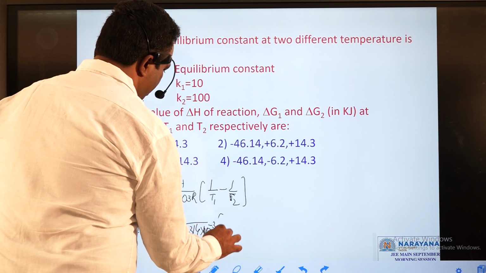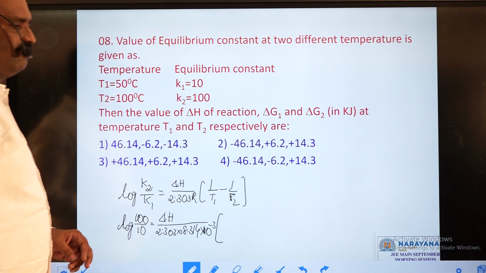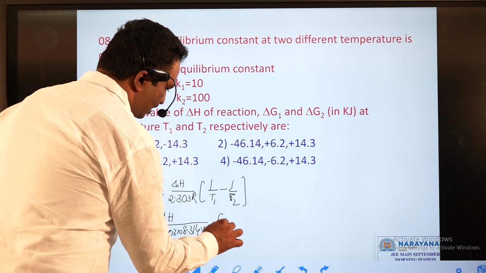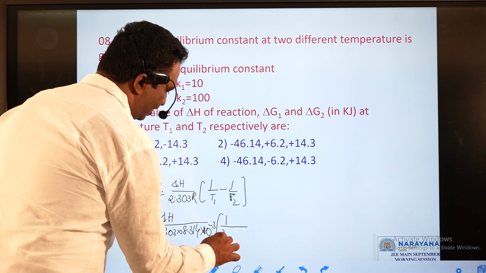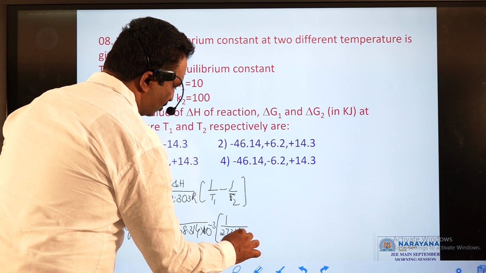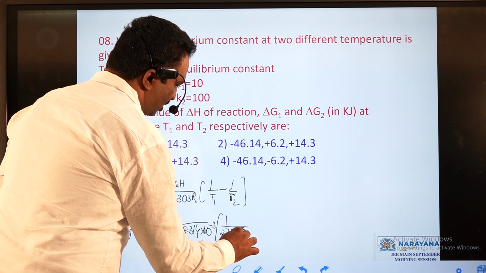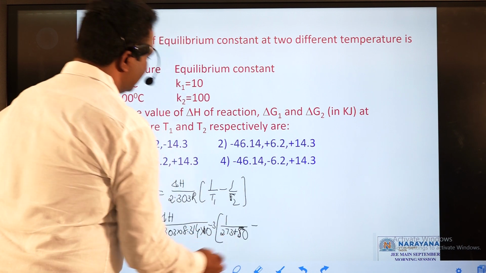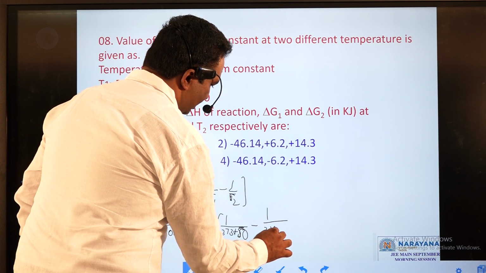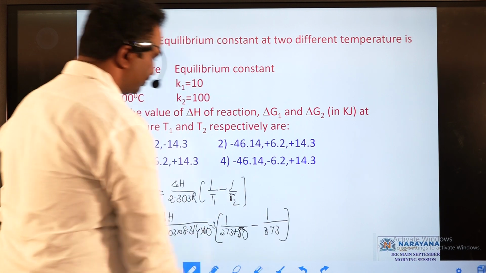The temperature was given at 50 degrees Celsius, where K is 10. So that is 1 by 273 plus 50. We must use temperature in the absolute scale, minus 1 by 273 plus 100, that is 373.